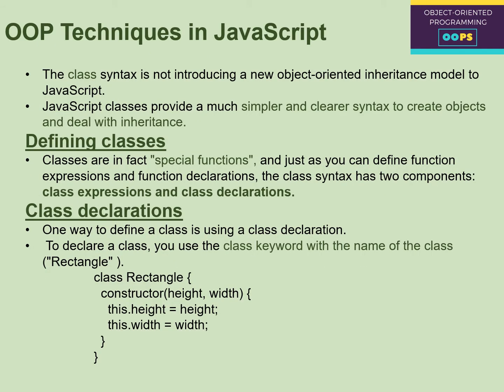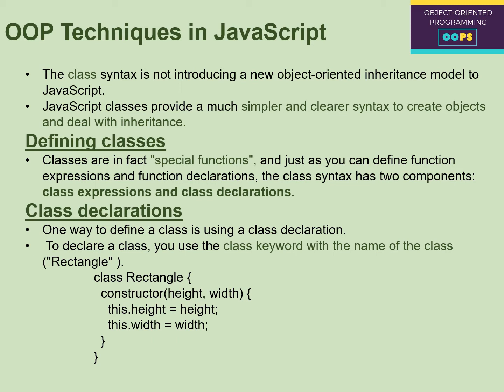Let us see the OOP techniques that are used in JavaScript. In the OOP concept, we first think about the concept of class. In JavaScript, the class syntax is not introducing a new object-oriented inheritance model to JavaScript. JavaScript classes provide a much simpler and clearer syntax to create objects and deal with inheritance.